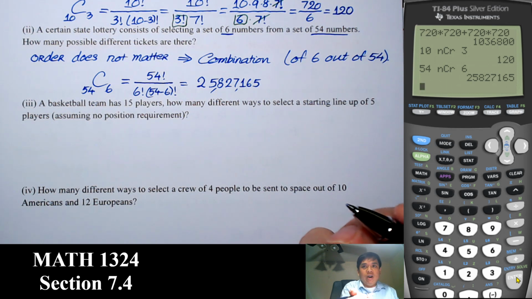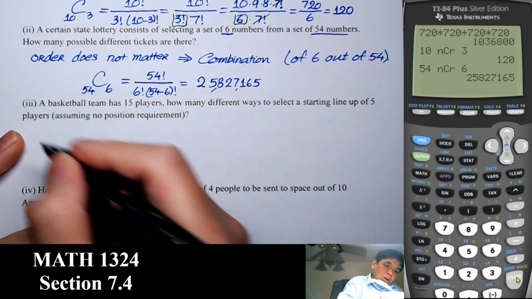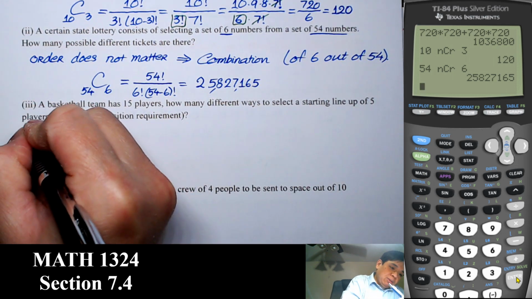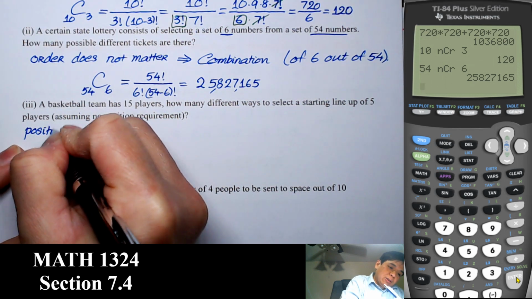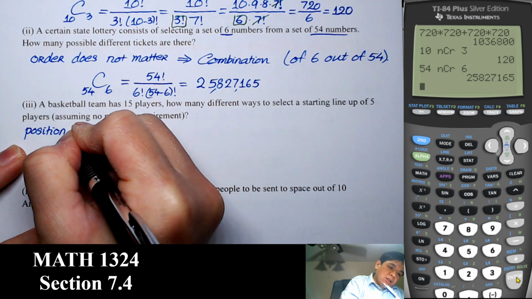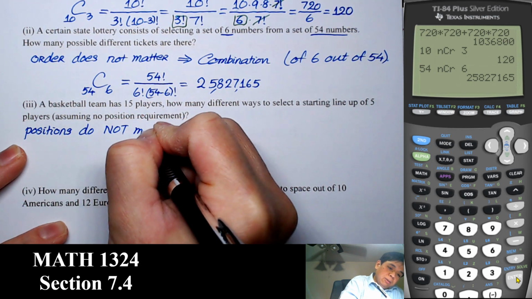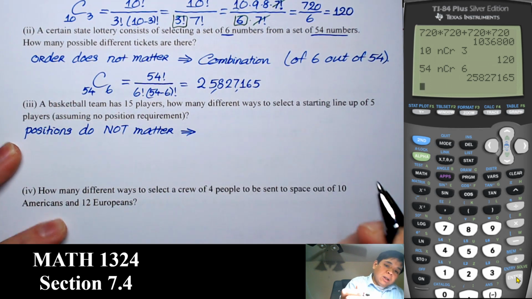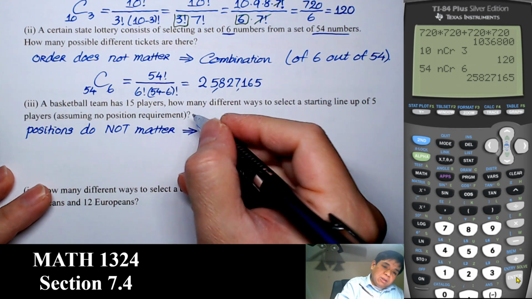You just put 5 on the field, and it doesn't matter how we select them. So again, position is not important. Order does not matter. So when roles or positions do not matter, that's where we have a combination, where order does not matter.